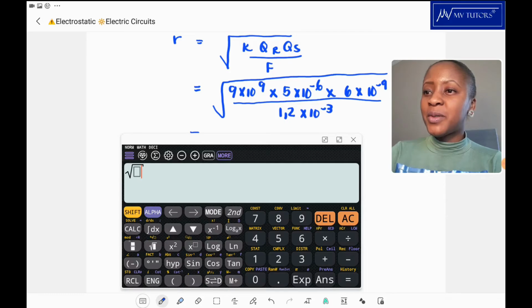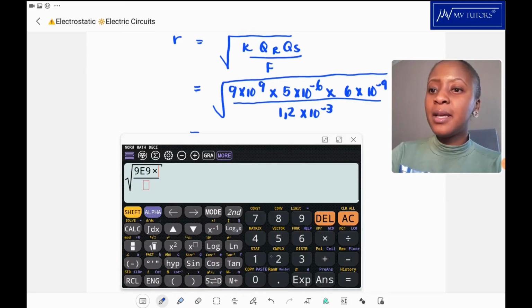Square root fraction 9 times 10 to the power 9 times 5 times 10 to the power minus 6, and then times 6 times 10 to the power minus 9, and then that is all over 1,2 times 10 to the power minus 3.